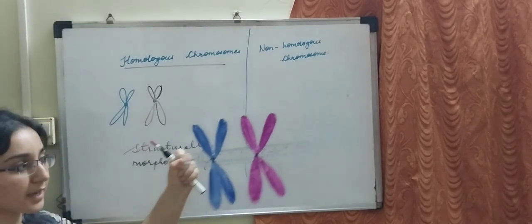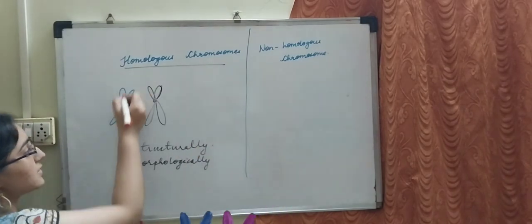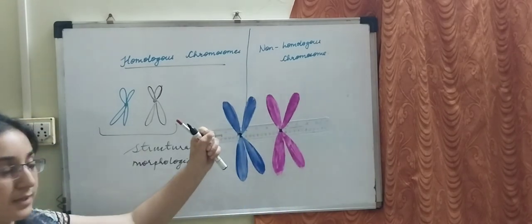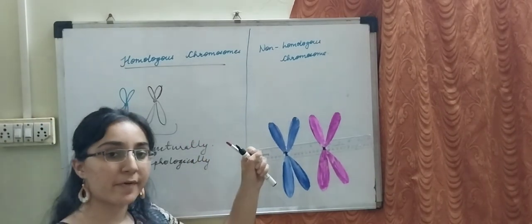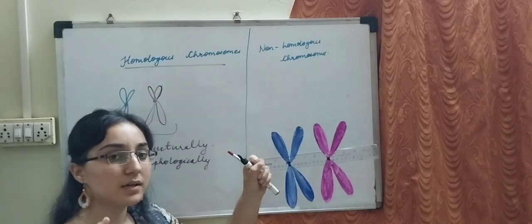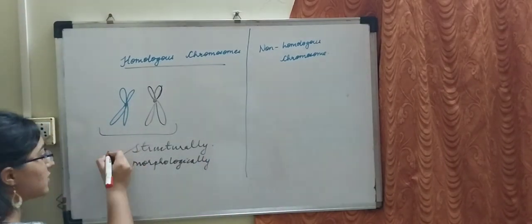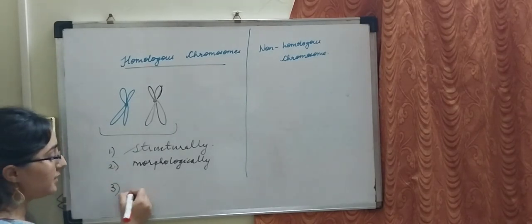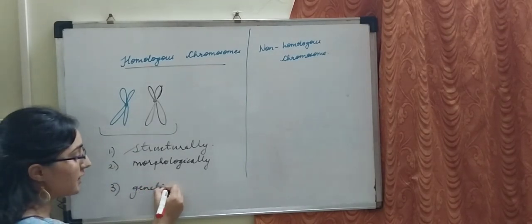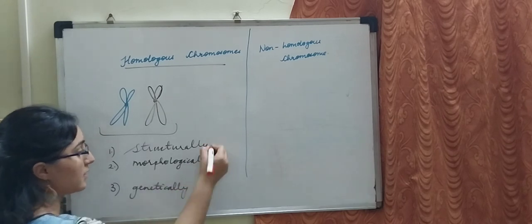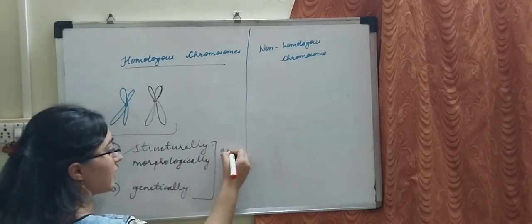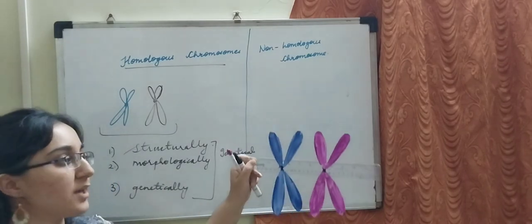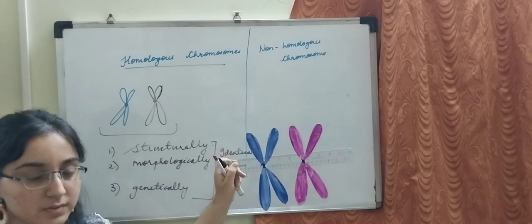You can see this again in the two-chromosome pair which I have drawn on the board. Structurally the same, morphologically the same, and genetically the same. The first one is structurally the same, the second is morphologically, and the third is genetically. They are identical. Such chromosome pairs are known as homologous chromosomes.